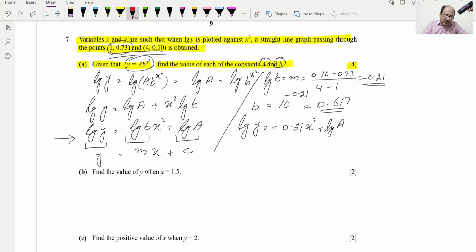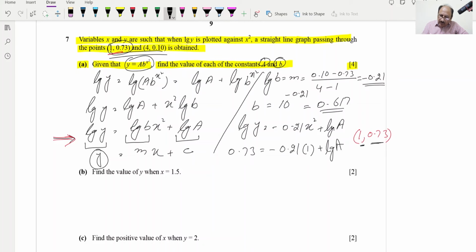We can use the point 1 and 0.73, and we will be utilizing this equation. If I write log y, which is basically the y value, I will directly replace it, so 0.73 is equal to minus 0.21, and the x value is 1 over here, so it will be 1, plus log of a.